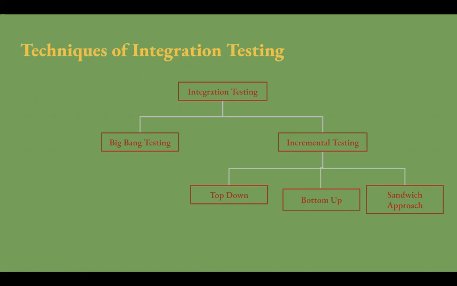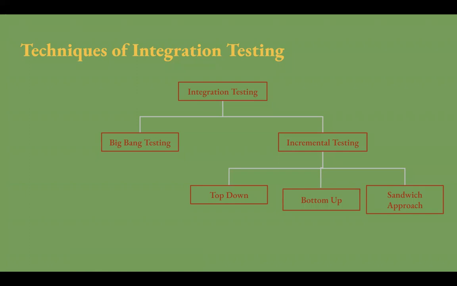In this testing, integrate or join modules by moving upward from bottom to top as per the project architecture. As we use stubs for temporary purpose in top-down approach, in similar way, we use drivers in bottom-up approach in place of those modules which are not ready for testing, and they return the same output as the actual module.